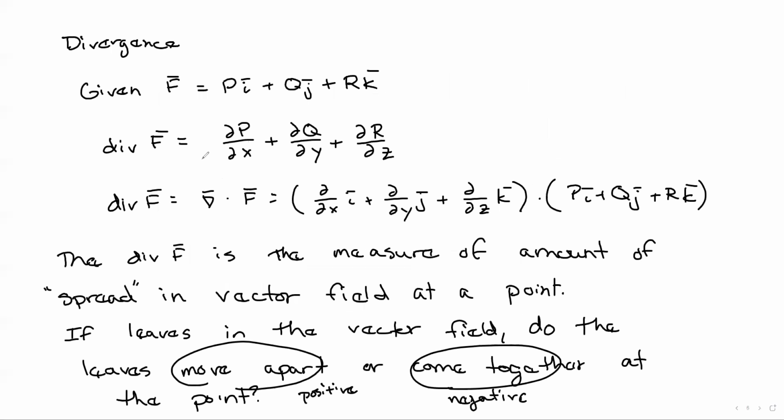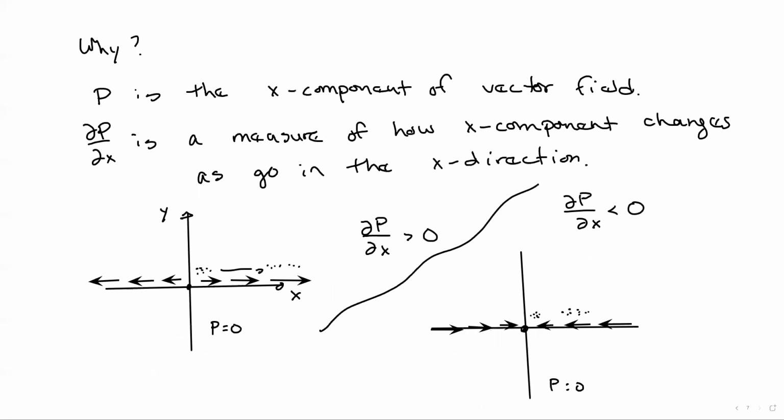And again, the divergence is just the combination of the three. So you go through and you figure out how are we spreading in the x direction, how are we spreading in the y direction, how are we spreading in the z direction, and then combine them to get how we're spreading for the vector field at the point. Okay, so that explains why the divergence does what it says it does, and why it works.